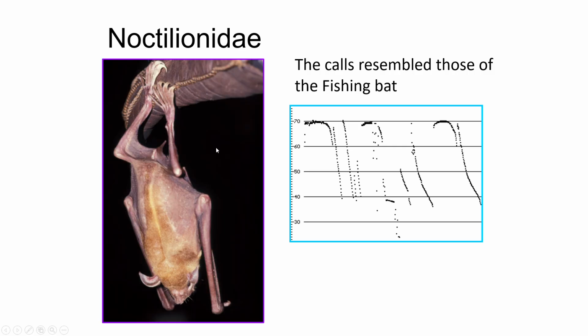And this is what the calls look like. And what I thought of immediately, this looks like the fishing bat that we knew all throughout Northern Central America. However, its calls were quite different. It's a much bigger bat, and usually size matters. Big bats have lower frequency calls than little bats.